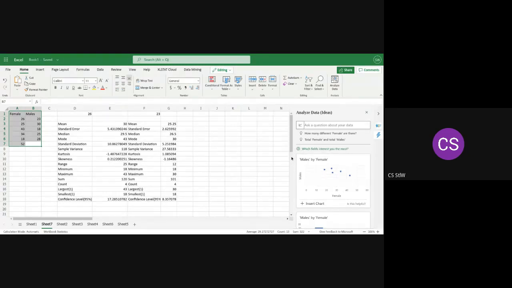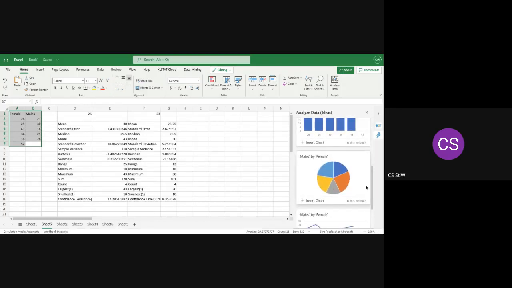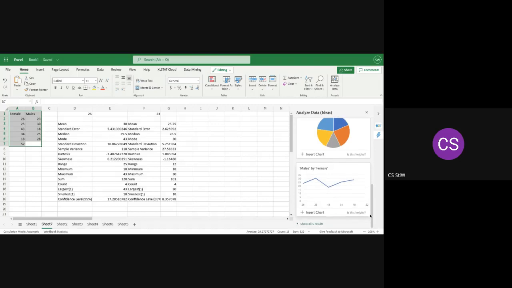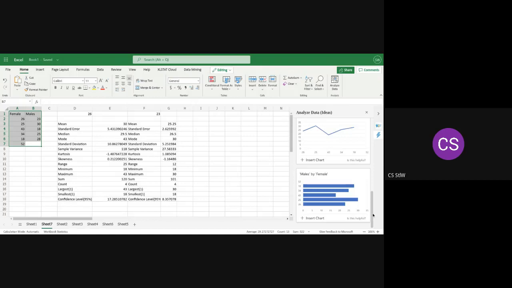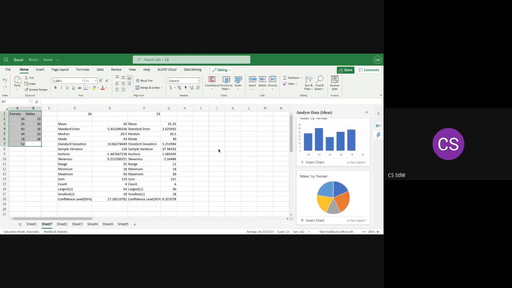You don't need the mathematical operations. We have a scatter plot for male and female. We have a bar chart. We have a pie chart. We have a line graph, and it goes on. So you have the option to choose. You can click on insert chart and it will be displayed on your worksheet. Okay, so that was the first one.